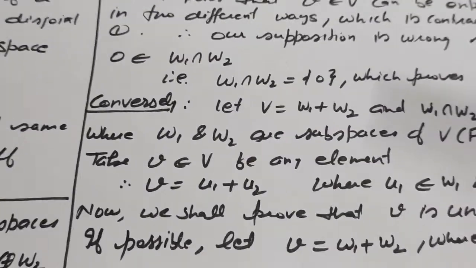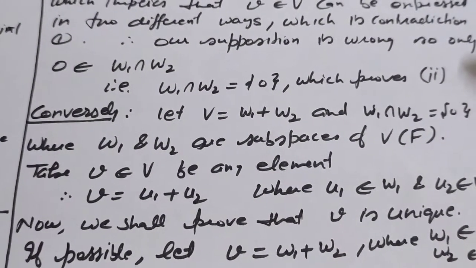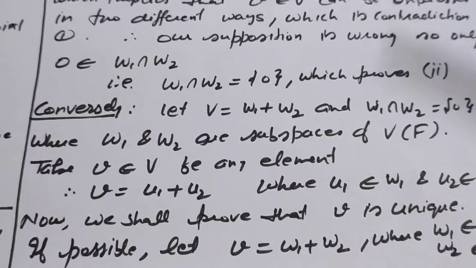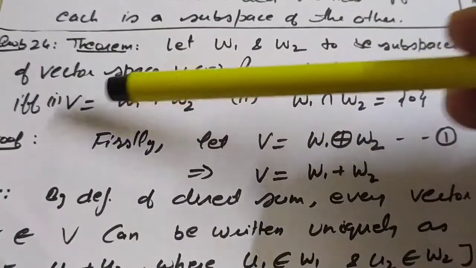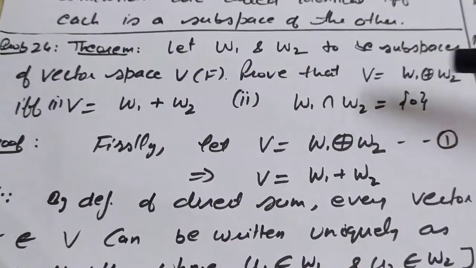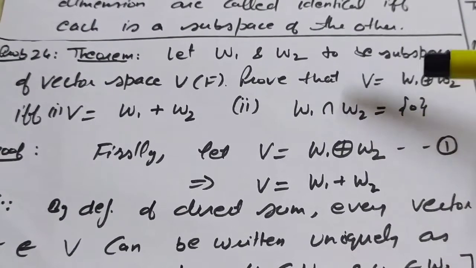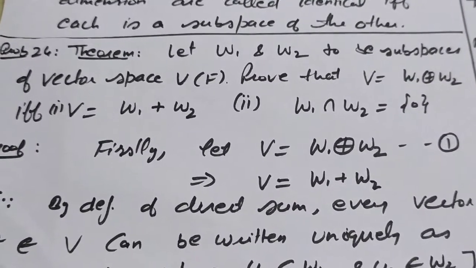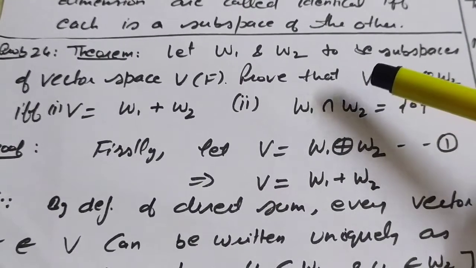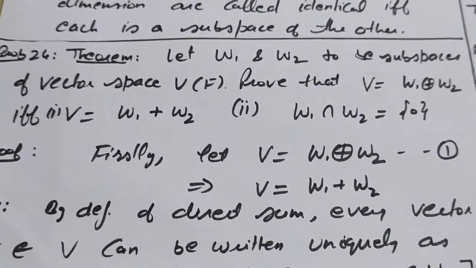So I have proved two necessary conditions for a vector space to be the direct sum of two given subspaces. Now I will prove the converse part. For the converse, I will suppose these two things and then prove that V is the direct sum of W1 and W2. To prove this, I will prove that every vector belonging to V can be represented in a unique way.